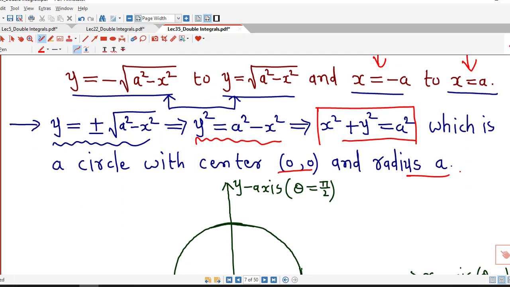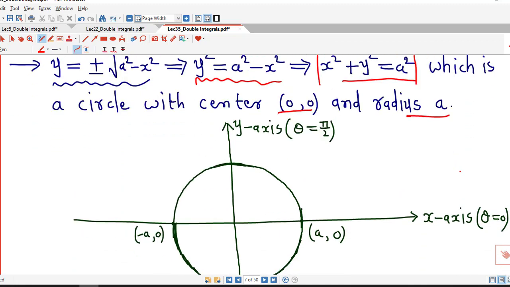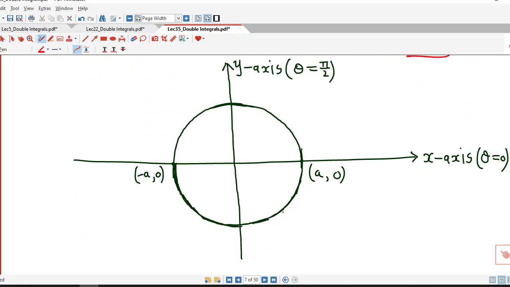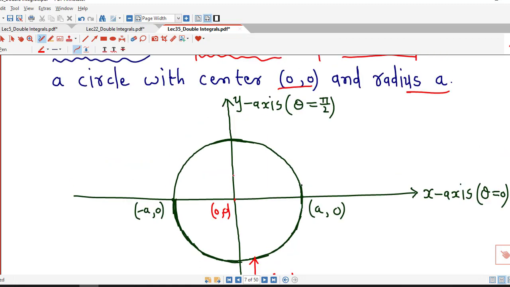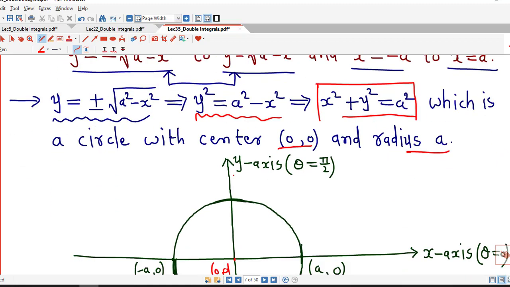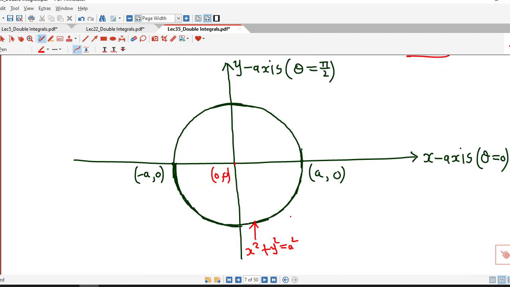So we have sketched the circle x square plus y square equal to a square. This is the circle with center (0, 0) and radius a, and the other two lines are x equal to minus a and x equal to a.